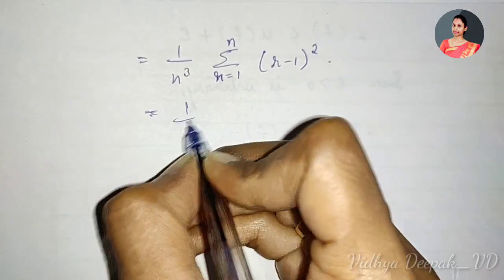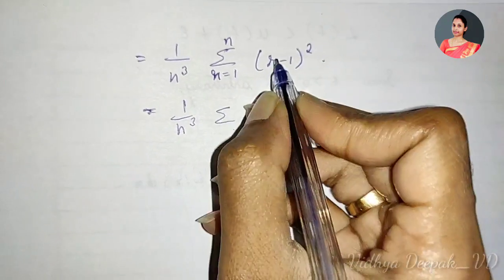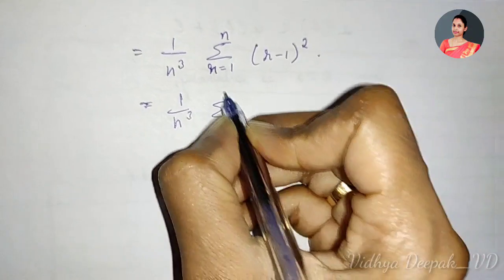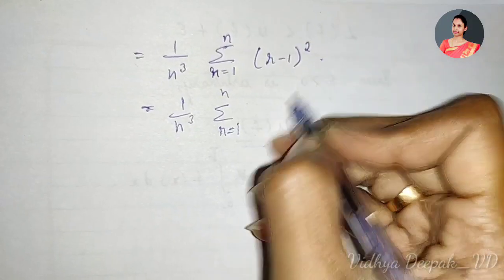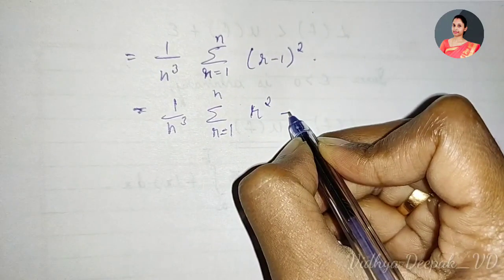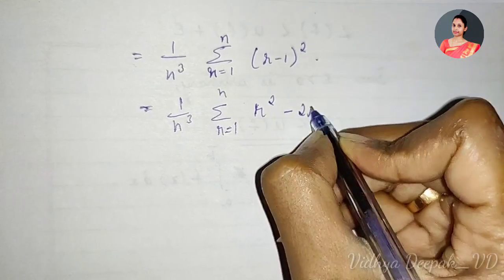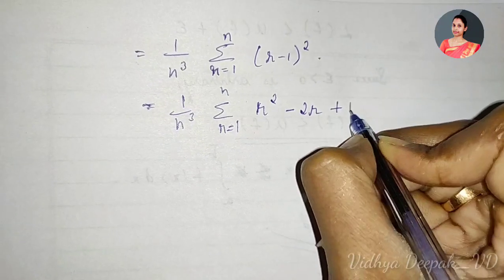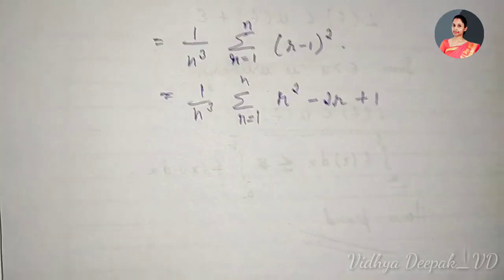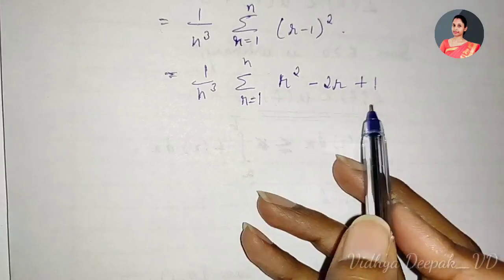Now we will write r minus 1 the whole square as a minus b the whole square. So a minus b the whole square is nothing but a square minus 2ab plus b square, right? Now split this summation into each of its terms.